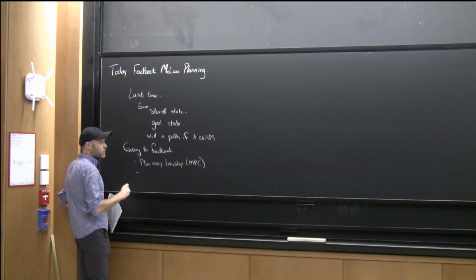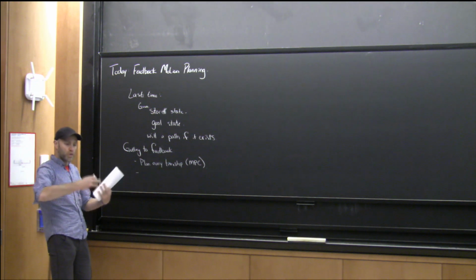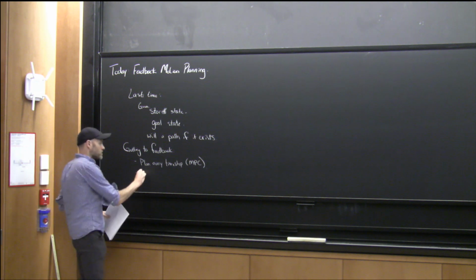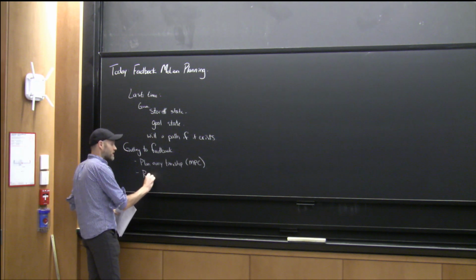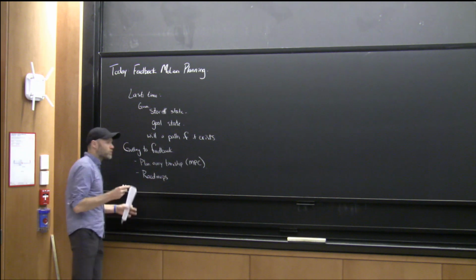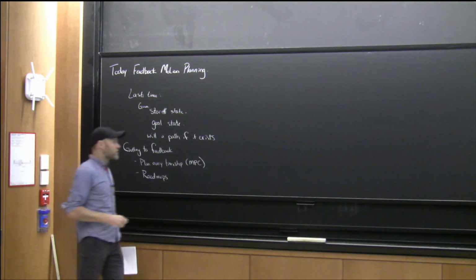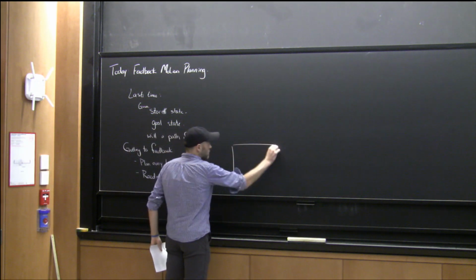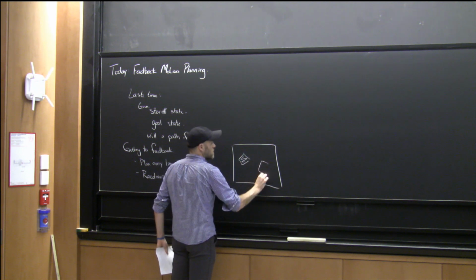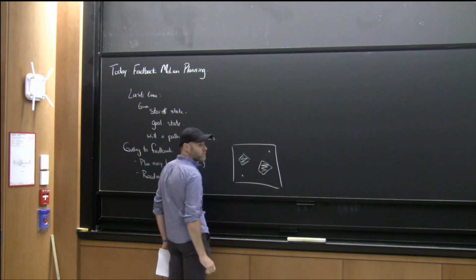More generally, if you've done a lot of work to grow out a tree of possible paths through the space, there's also the idea of growing out a roadmap. In fact, that actually came first, where maybe you don't just grow a tree, but you grow a graph across your state space. If I have a start and a goal, that's one way to think about it.